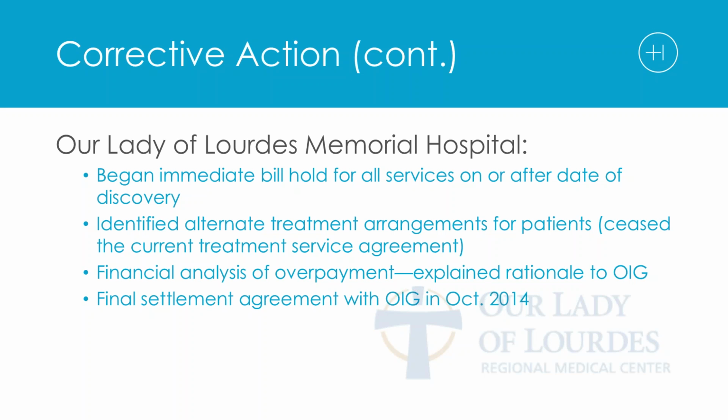This is how we came about it: we looked at our universe. The beginning date was the beginning date of the contract, and the end date was our bill hold. Everything in between those two bookends is what our financial analysis will show. Then they explained the steps they took, and they made the final settlement agreement with the OIG in October of 2014.